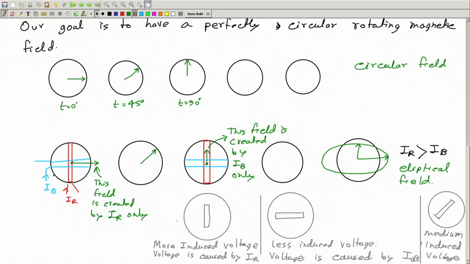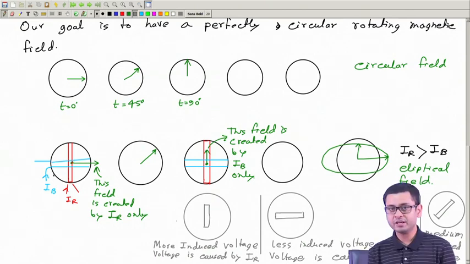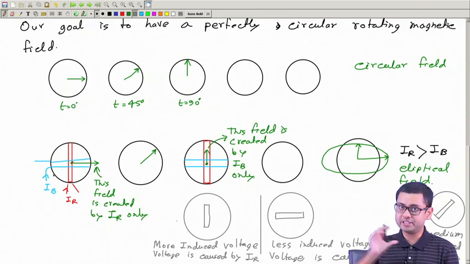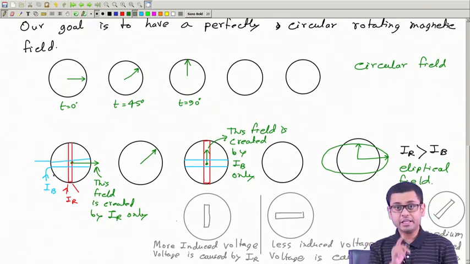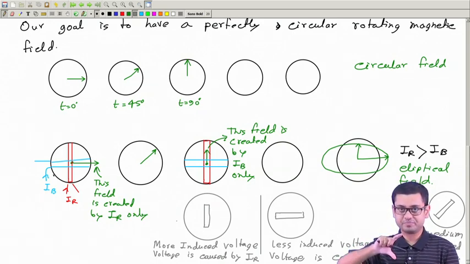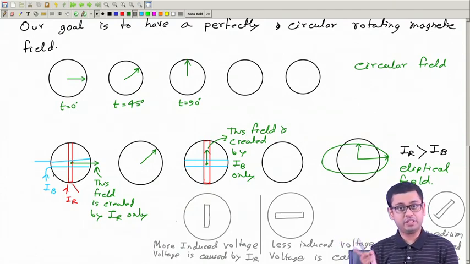So if IR and IB are equal, the field will be circular and the induced EMF in the secondary will be of the same magnitude no matter the position of the secondary. But if IR and IB are not equal, the field will be elliptical and the induced EMF will depend on the position of the secondary.